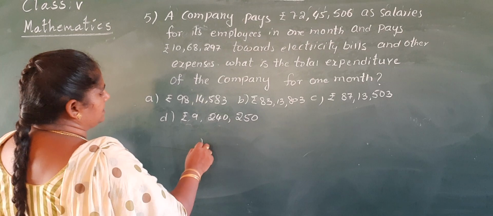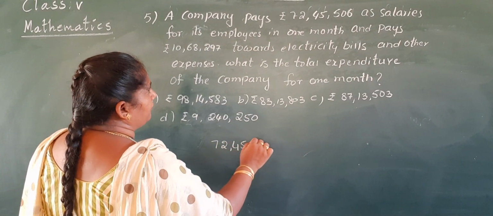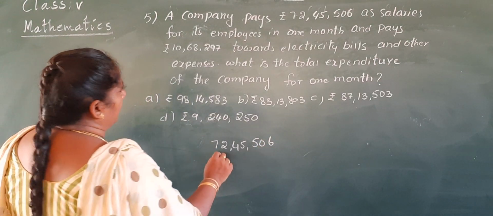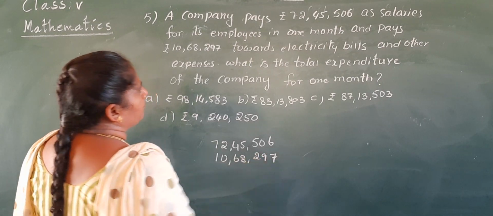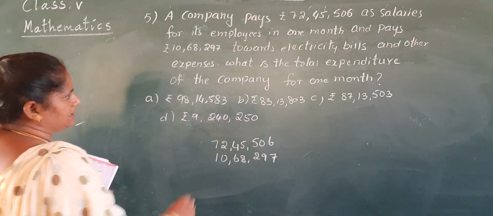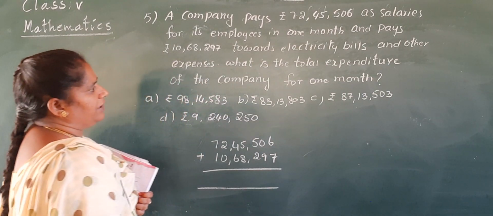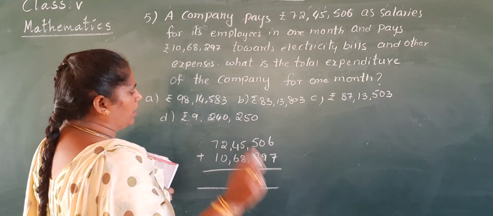A company pays 72,45,506 as salaries for its employees and 10,68,297 for electricity bills. Now we find the total amount they spent, the total expenditure of the company for 1 month.